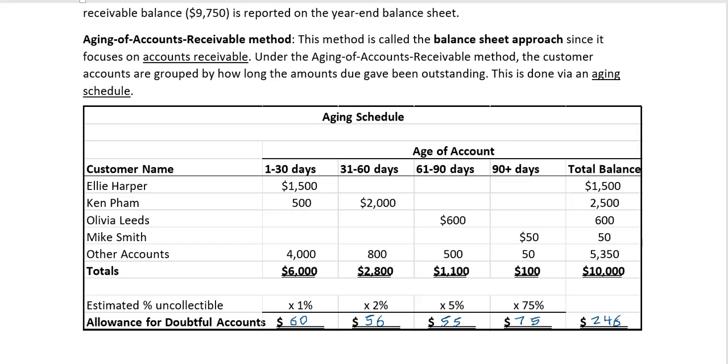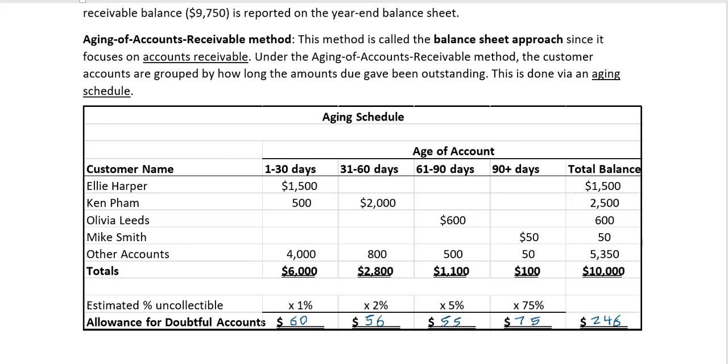Note that all of these rates are typically based on historical experience. So if you notice one of these columns is off, you would likely change the rate. It can either go up or down, but the goal is to get the most accurate number possible.